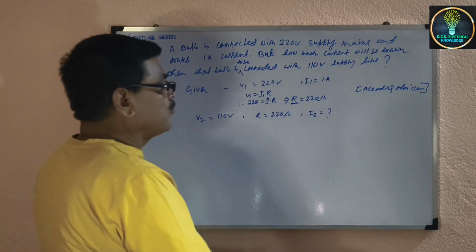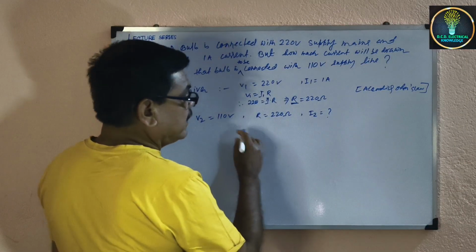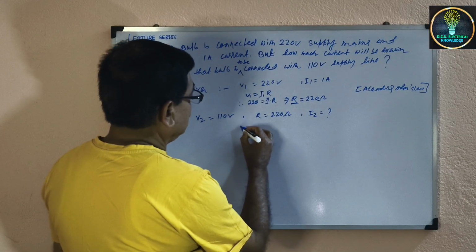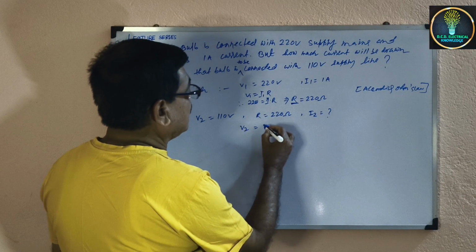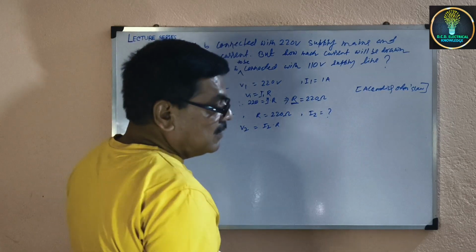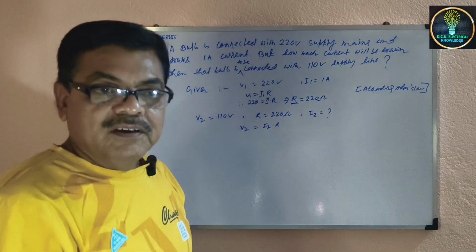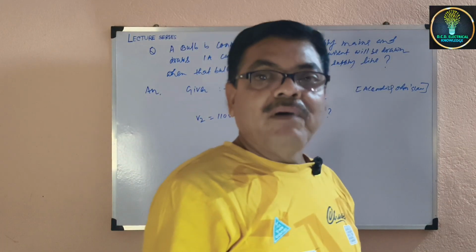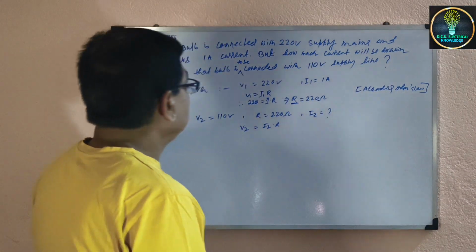Again, according to Ohm's law, V2 is equal to I2 into R. This R remains the same as it is the same bulb.